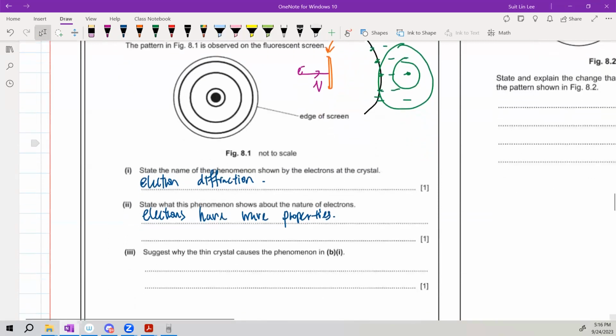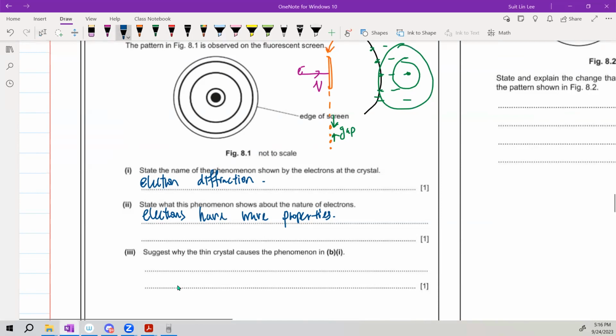Part 3. Suggest why the thin crystal can cause the phenomenon in B1. The reason is that if I zoom in on the crystal, the atoms are very, very close together, so it behaves like a diffraction grating. There's a gap between the particles, and that gap is what causes the electron to diffract. The electron passes through the gap and then shows a diffraction pattern. A bit weird, but in the world of quantum, we only describe what we know.